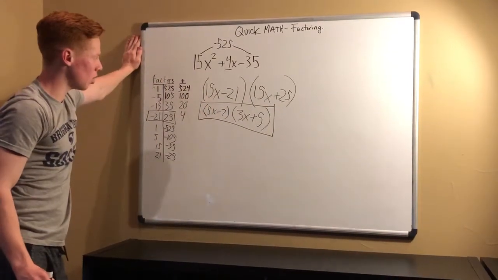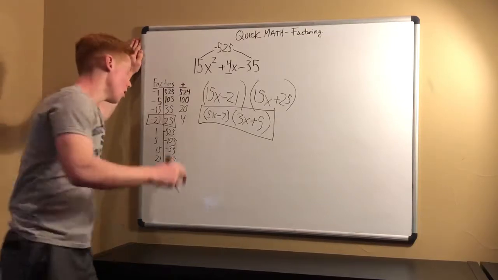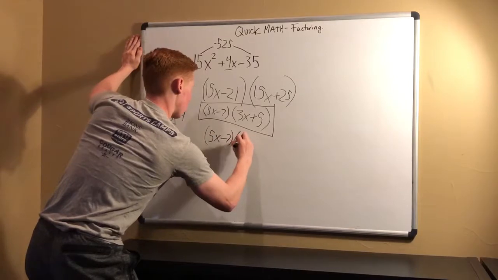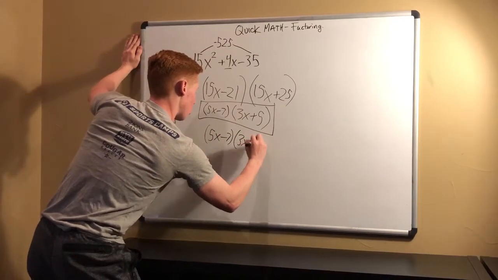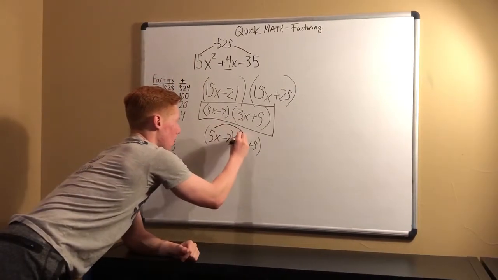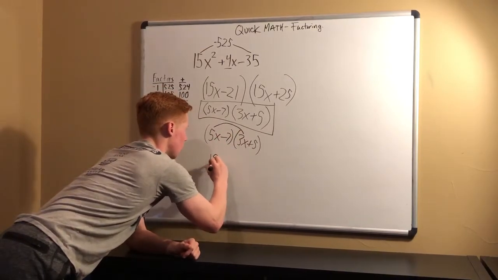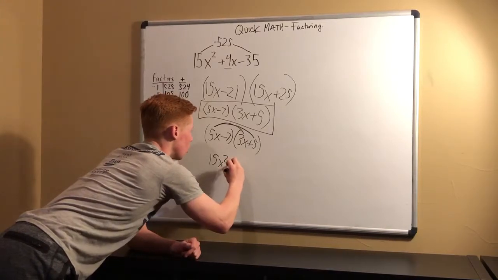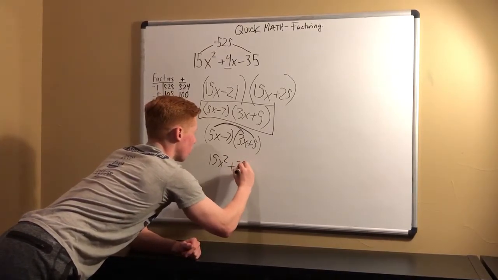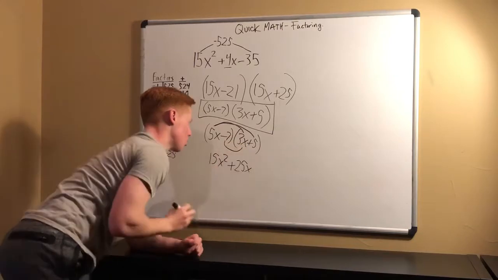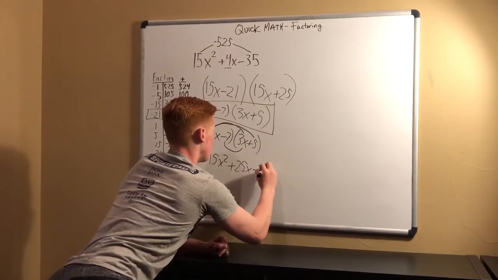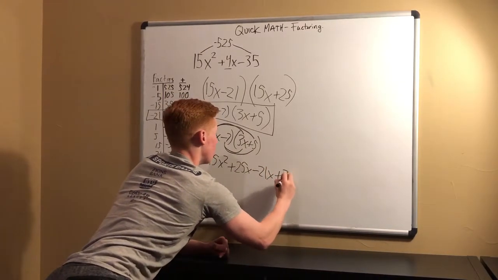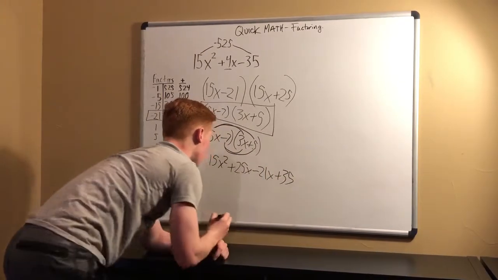And again, you can check by foiling, and you can multiply them. So this times this, 15x squared, 5x times 5, plus 25x, negative 7 times 3x, will give you negative 21x, and negative 7 times positive 5 will give you 35.